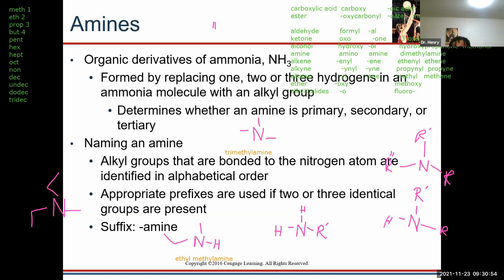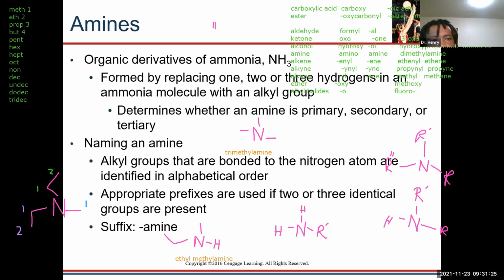Let's go ahead and count the carbons. No, because they're not connected, so each one is independent. That would be 1, this would be 2. This guy would be 1, 2, and this guy would just be 1.